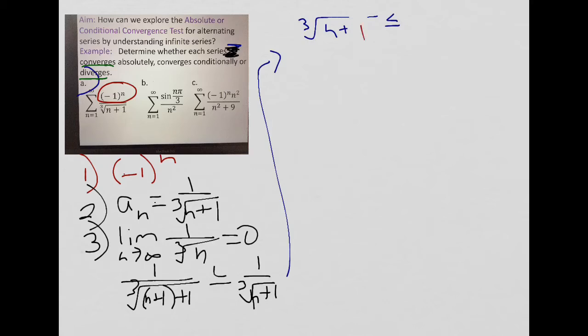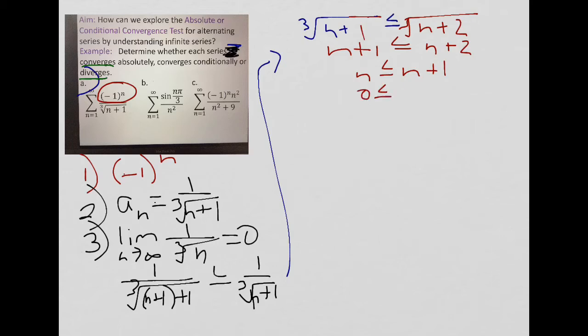Make sure you do that correctly. And there we go. Cubic root of, this is where we have the n plus 2. We can raise both sides to the 3rd power, subtract 1 on both sides, and subtract n on both sides. And this is true too. So we know that by AST, it converges.